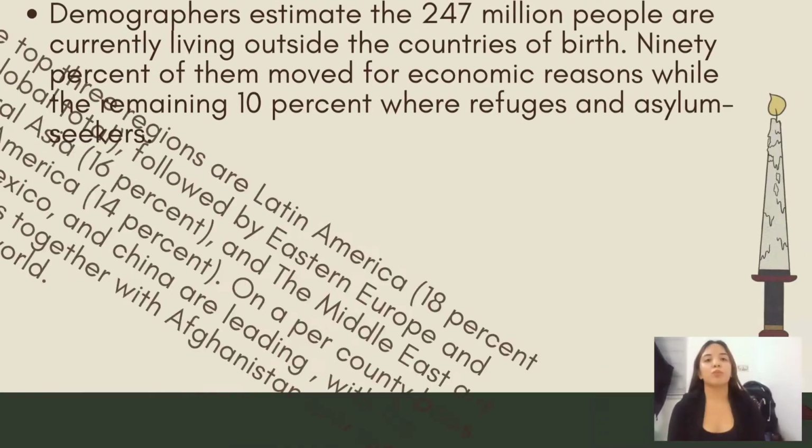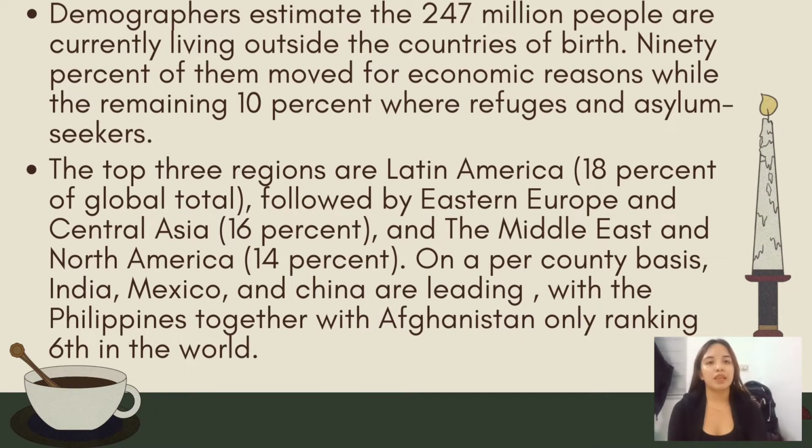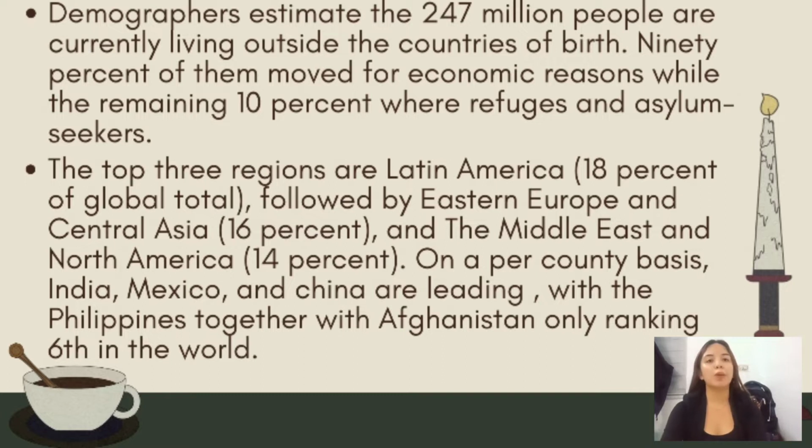According to demographers, an estimated 247 million people are currently living outside the countries of their birth. 90% of them move for economic reasons, while the remaining 10% are refugees and asylum seekers.